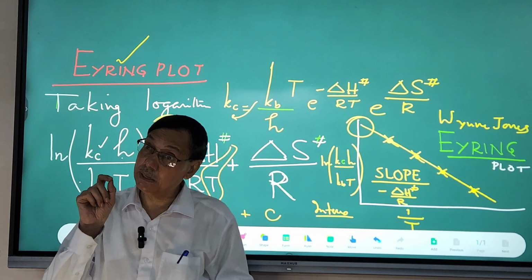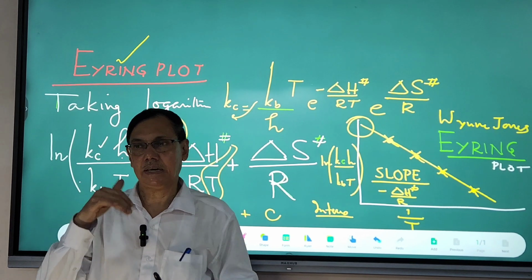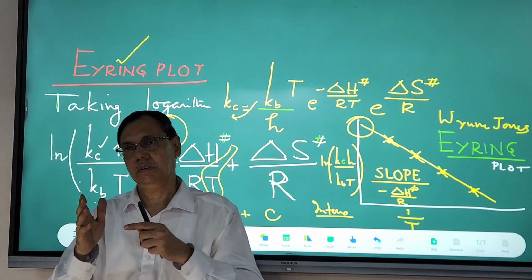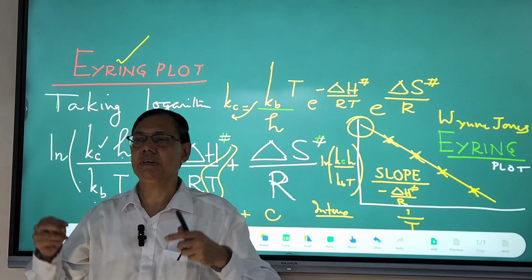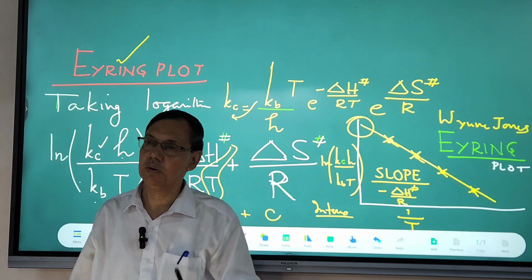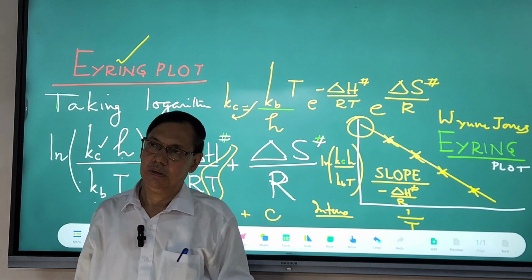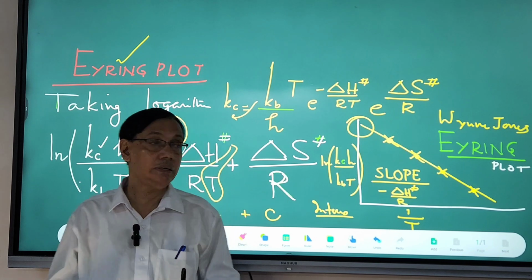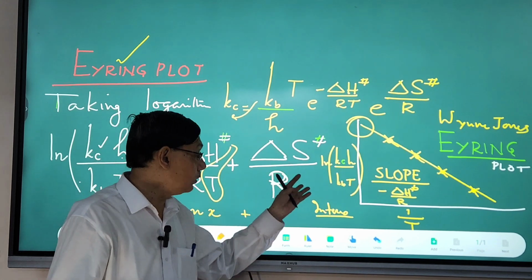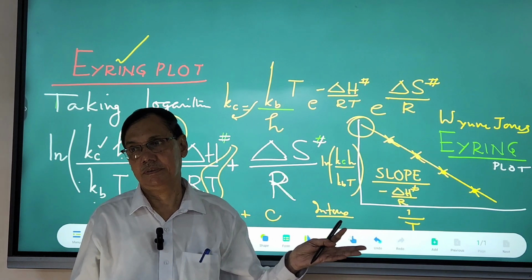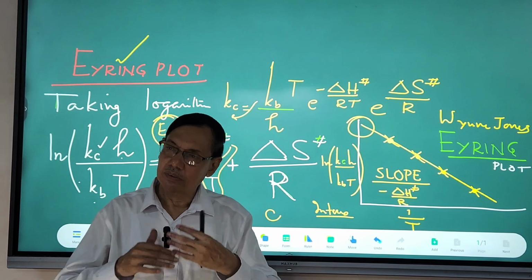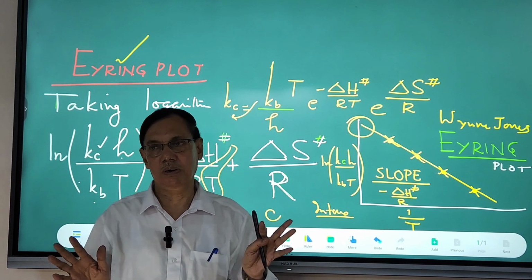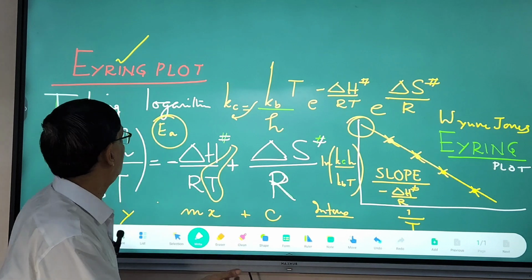So if you determine the energy of activation, maybe it is 54 kilojoule or whatever it is, how do you calculate the entropy of activation? That is the last or second application. It is very simple. So I am coming to that second part.